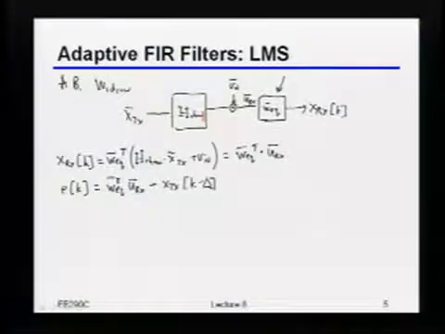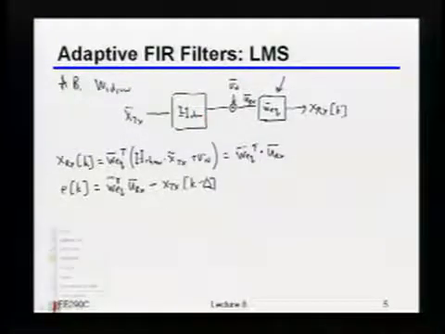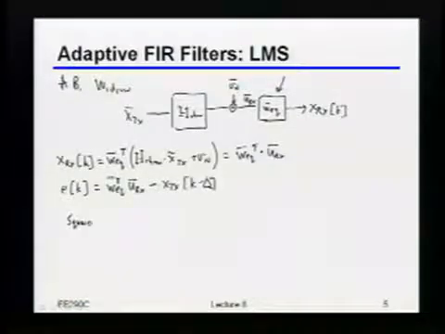And if you remember, we said earlier that usually what you want to do is maximize the signal-to-noise ratio, which is something like minimizing the mean squared error. That's what we want to do here, too. So what we should really be looking at is the squared error, which is just e squared of k.